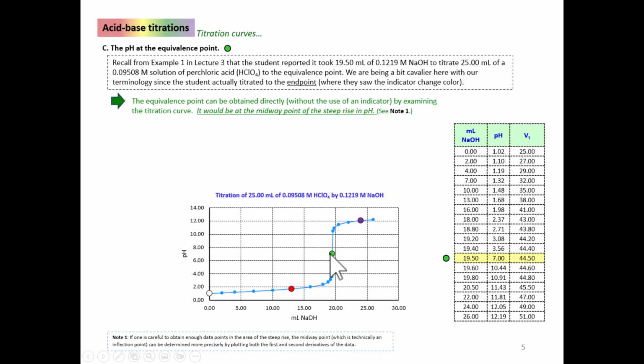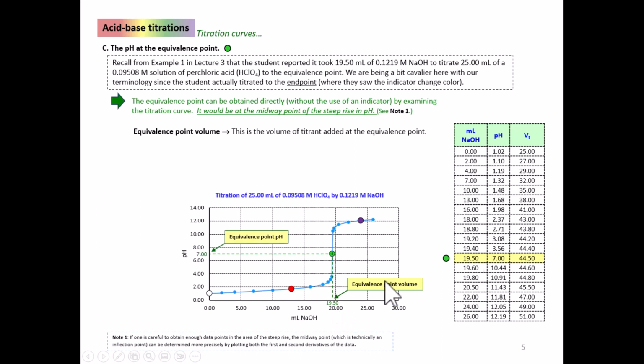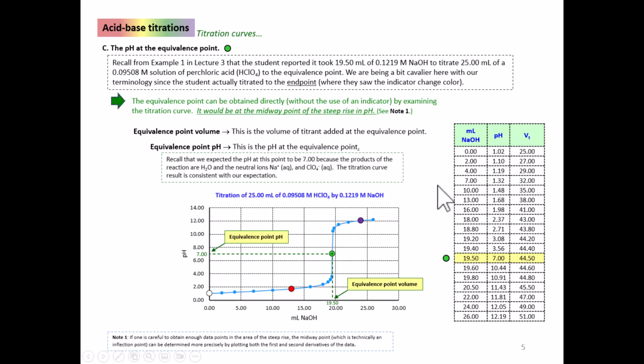We're just going to try to estimate it by looking at the graph, the plot, and estimating the midpoint. The equivalence point volume at this midpoint on the x-axis is 19.5 milliliters, and the equivalence point pH is 7. Now recall that we expected this pH because the products of the reaction at the equivalence point, sodium ion and perchlorate ion, are neutral, and the titration curve is consistent with that expectation.